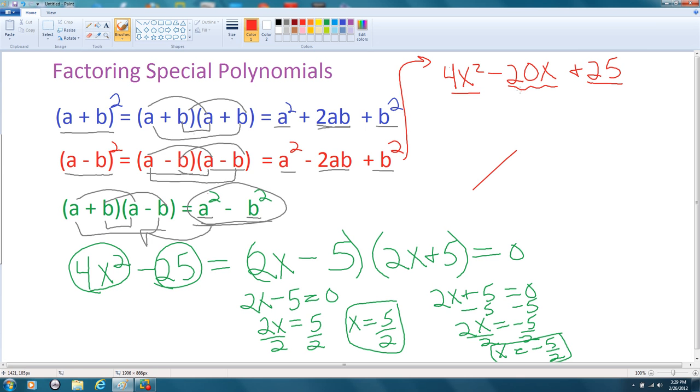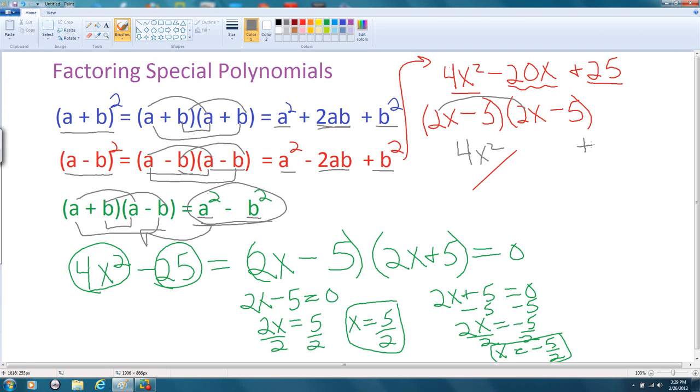So my thinking is, I'm going to take this. This is the square root of 4x squared, which is 2x, and it's going to be minus the square root of 25, times 2x minus 5 again. In other words, that's 2x minus 5 squared. And let's just go ahead and FOIL this to make sure it's right. And we get 4x squared.